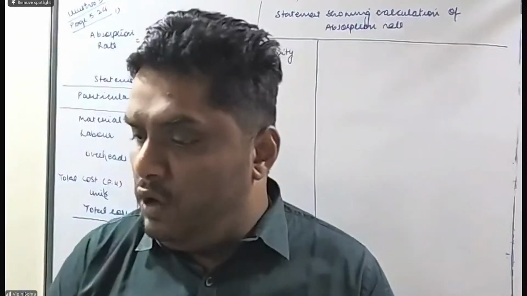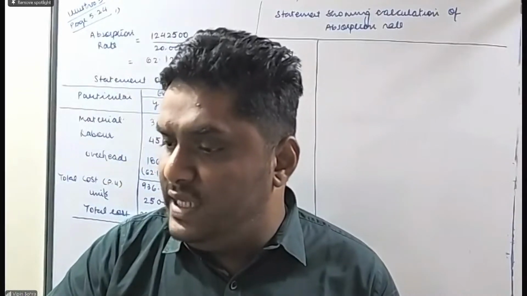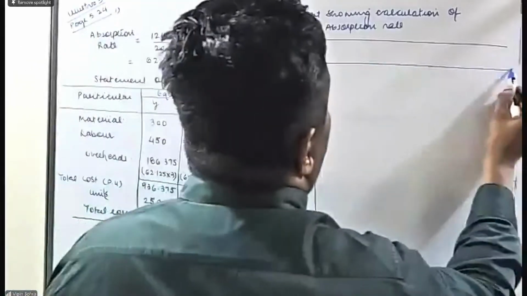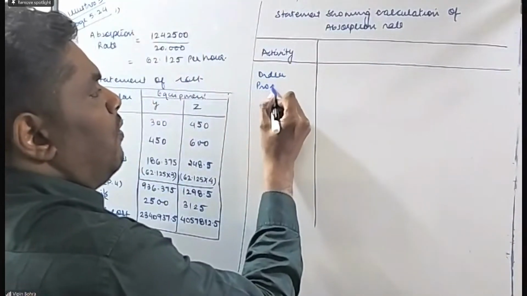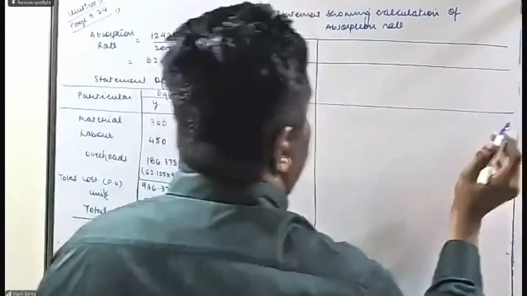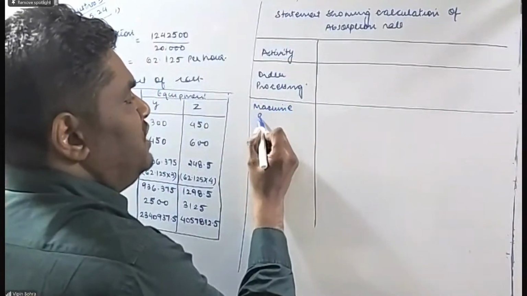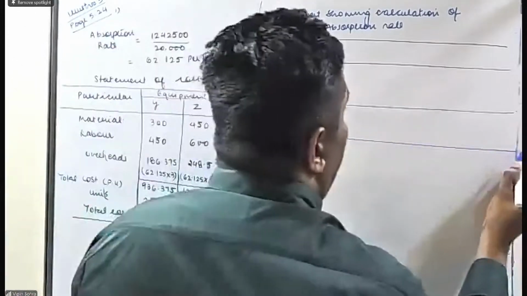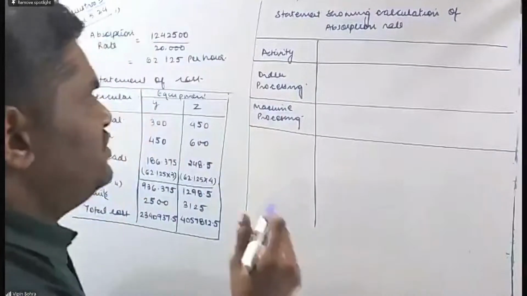So first, when talking about the activities, it is given in the question: order processing, machine processing, and the last one is product inspection.